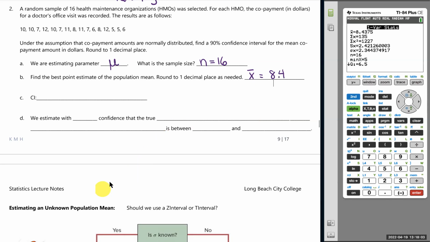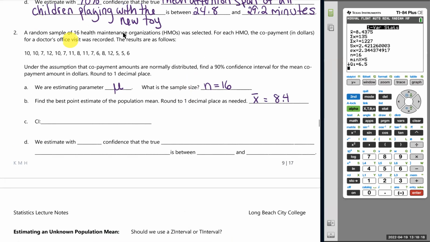Now we're going to create the confidence interval, and you'll see that now that I've done 1-Var Stats, there's an S and a sigma here. But in this problem, they gave us the data and they never said anything about standard deviation. They did not give us the population standard deviation. They actually didn't give us the sample standard deviation.